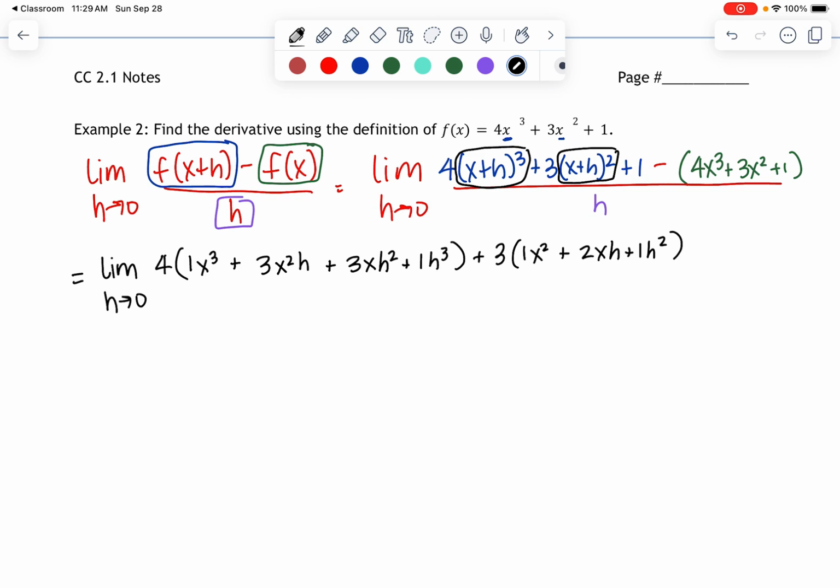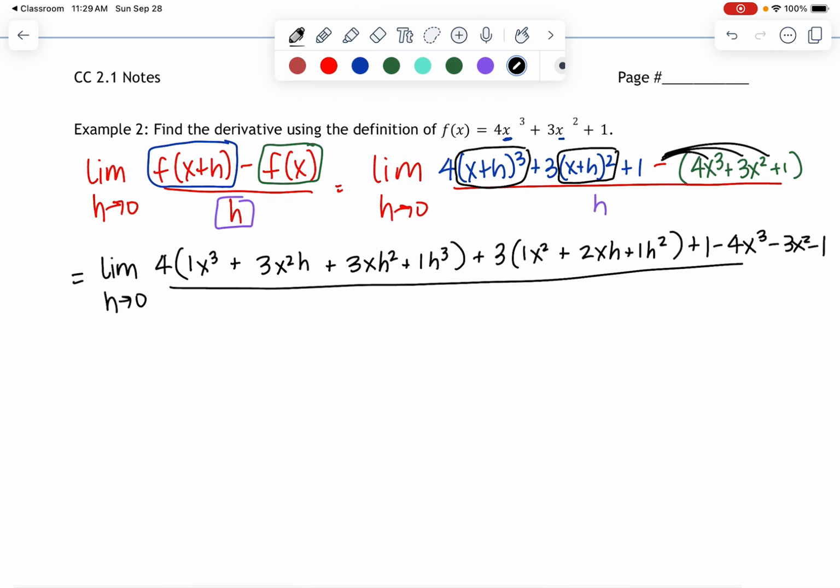Got that, and then I have my plus 1, and then I'm just going to have to distribute the minus to the green terms to get those good. All right. Next, I'll distribute the 4 to all 4 terms. I'll distribute the 3 to all 3 terms, and then I'll see where that gets me.